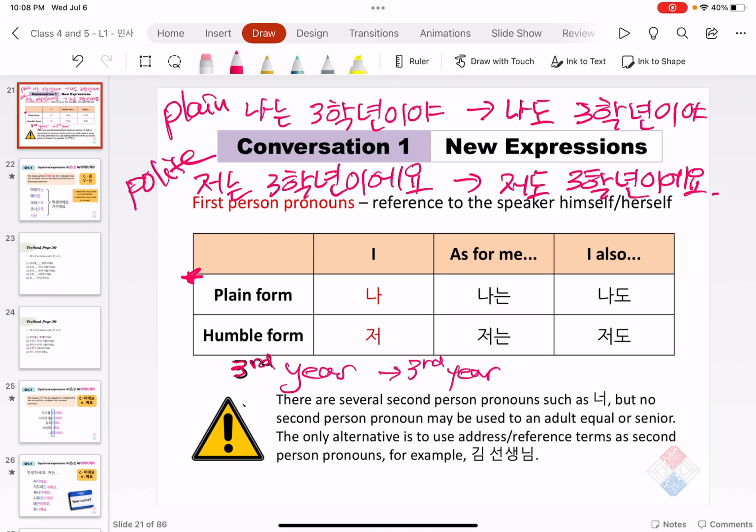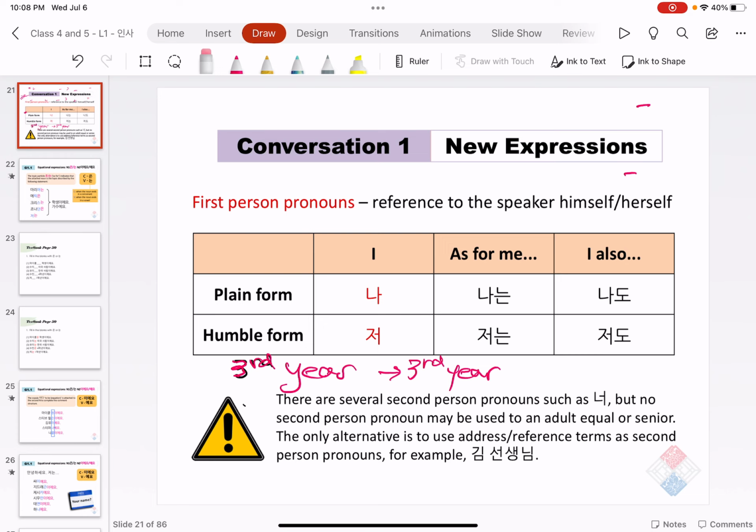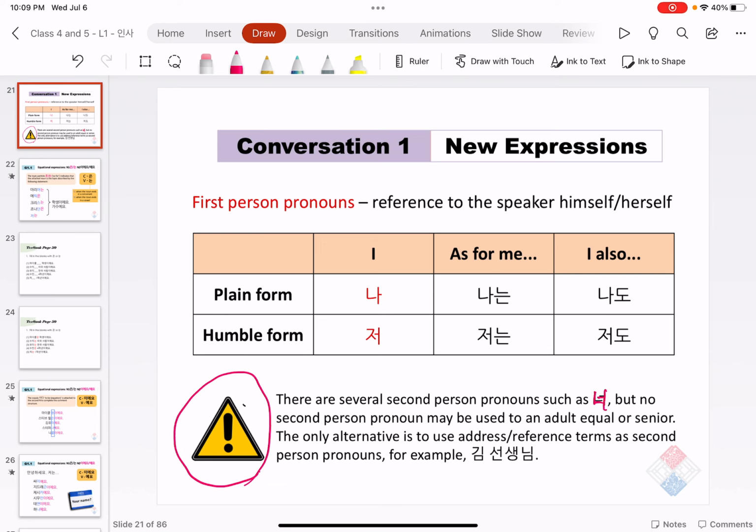And let's look at this warning sign over here. There are several second person pronouns such as 너, but no second person pronoun may be used to an adult, equal, or senior.